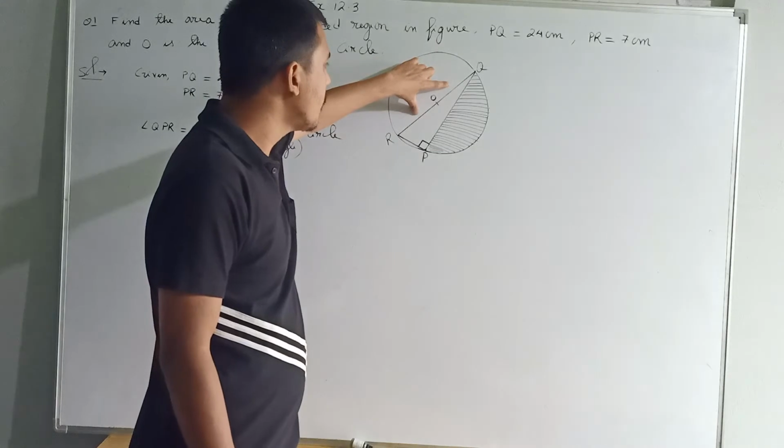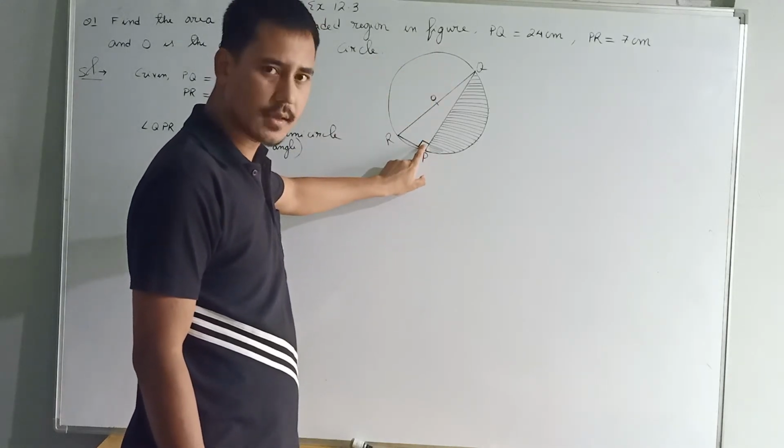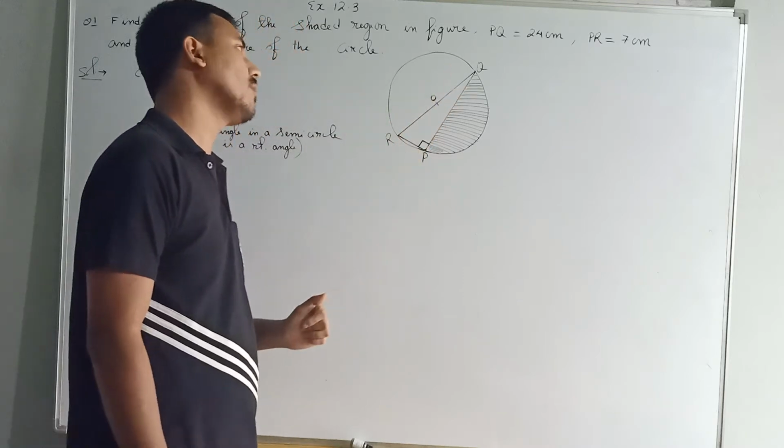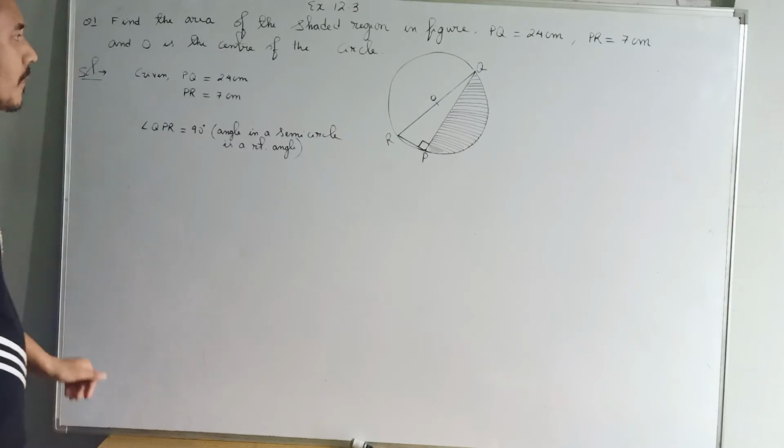Now this side QR is opposite to the right angle, so QR is always the longest side, known as the hypotenuse.